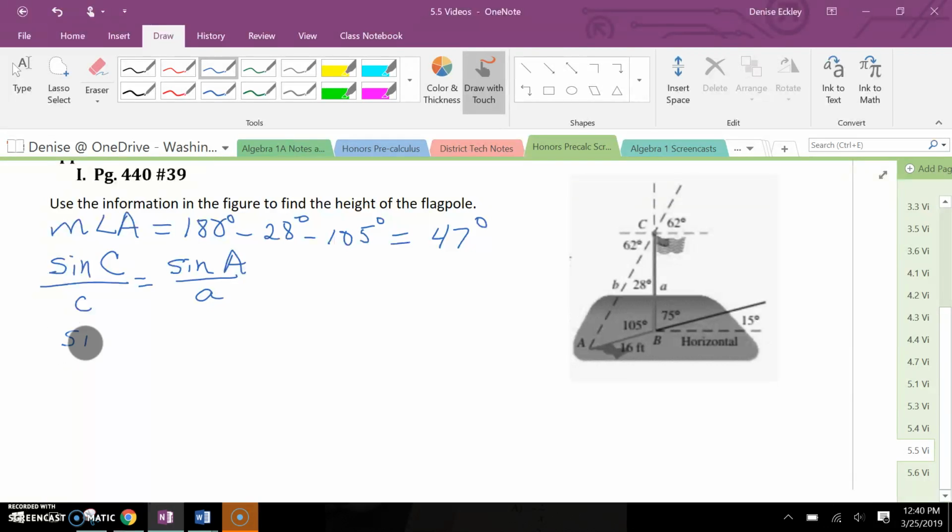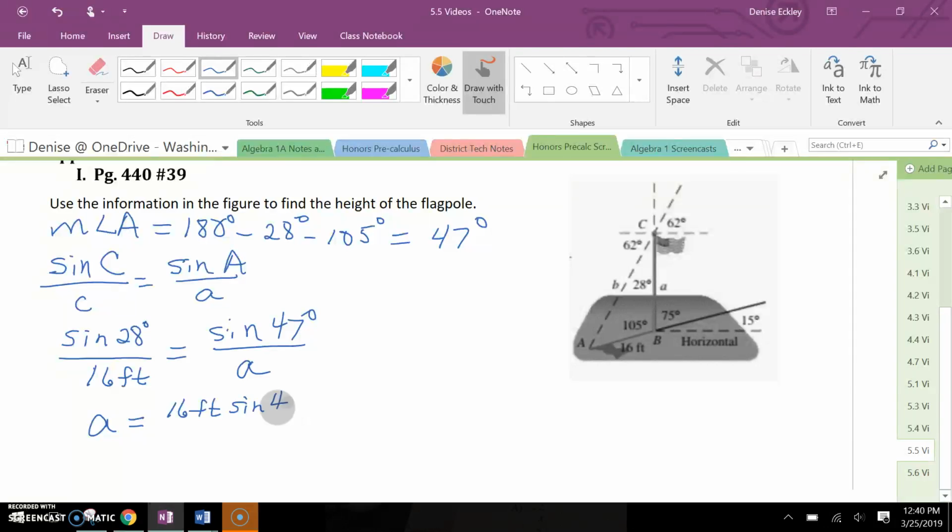So we're going to take sine of 28 degrees over 16 feet, and that's going to equal the sine of 47 degrees divided by length of side A. So rearranging this and solving for A, we get that side A is going to equal 16 feet times the sine of 47 degrees divided by the sine of 28 degrees.